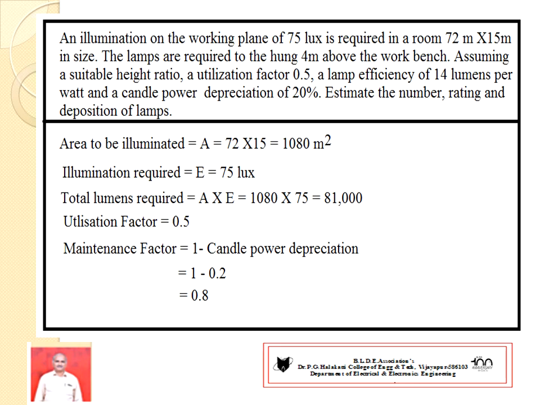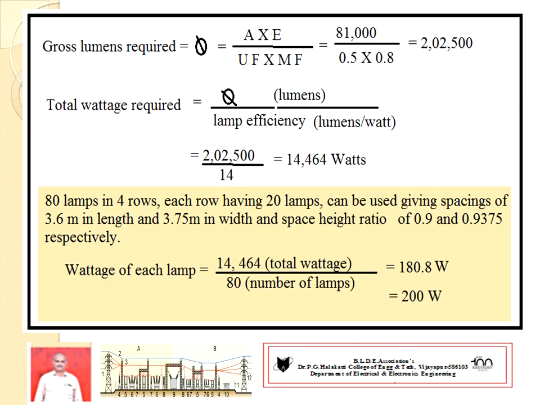What is the utilization factor? 0.5. Maintenance factor is not given. Depreciation factor is given as 0.2. Hence 1 minus this depreciation factor becomes the maintenance factor. So gross lumens required should be equal to A into E divided by utilization factor into maintenance factor. So it becomes 202,500.